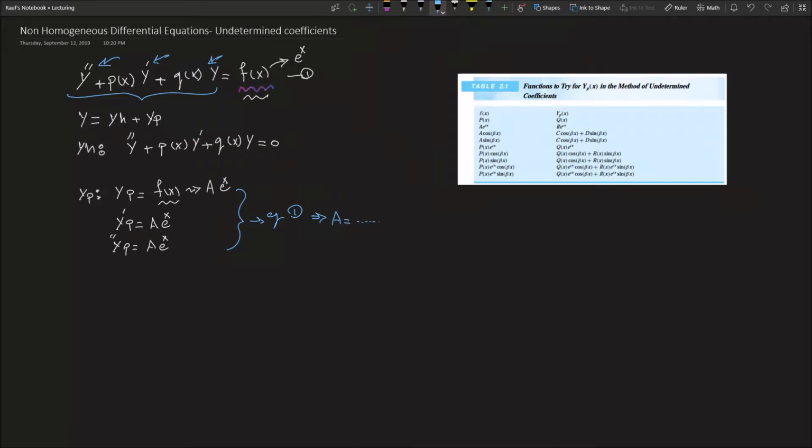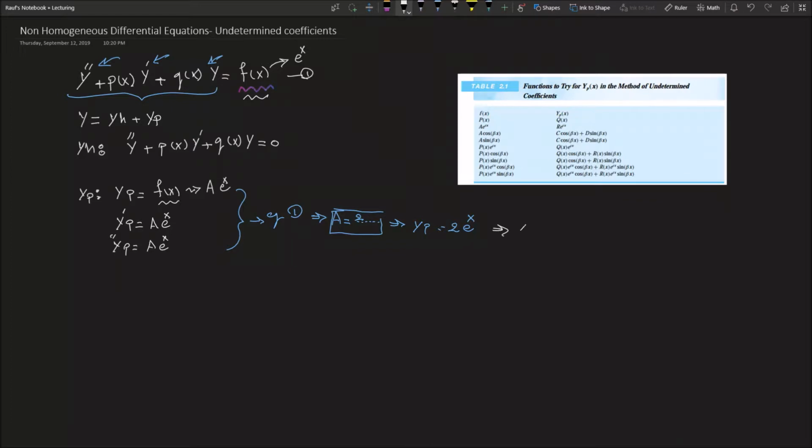It will equal a certain value. When you have that, substitute the value of a in your y p, which equals a multiplied by e to the power of x. Let's say here the value was 2, so your particular solution will be 2 multiplied by e to the power of x, and so on.